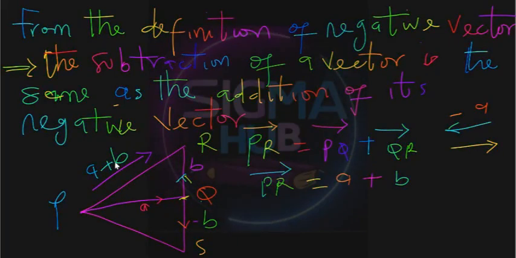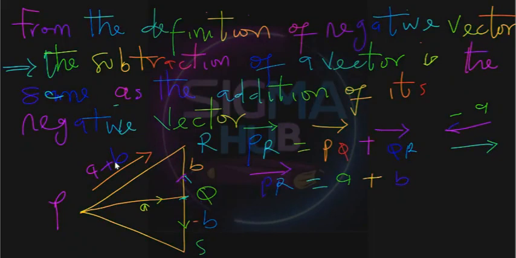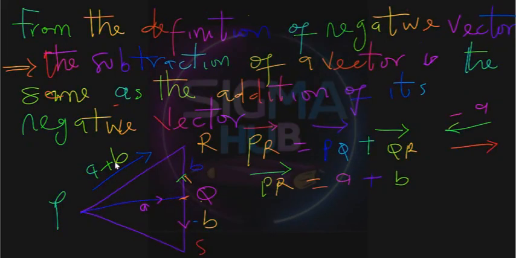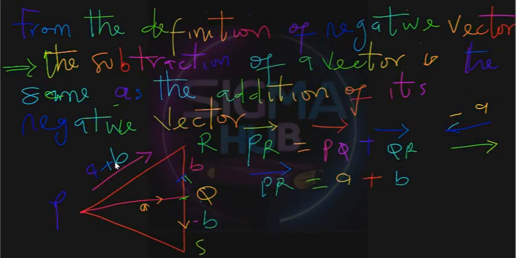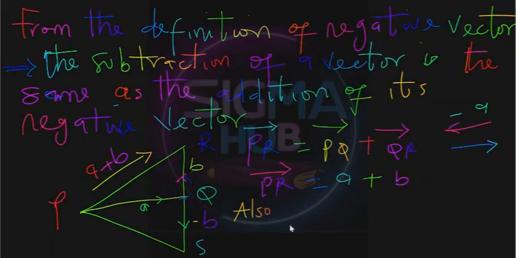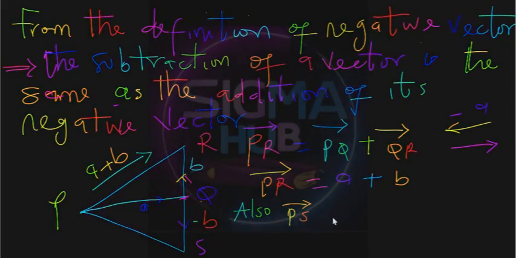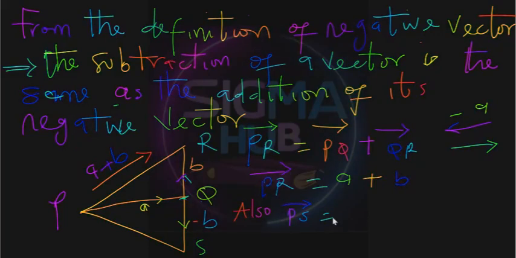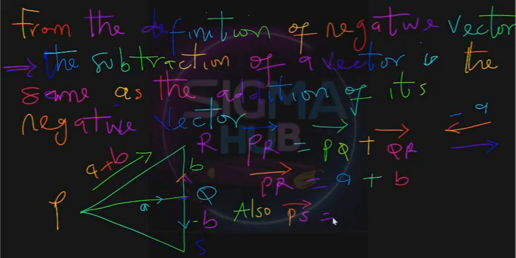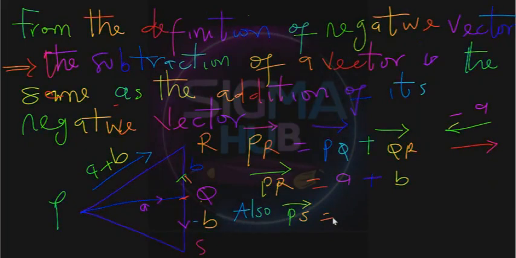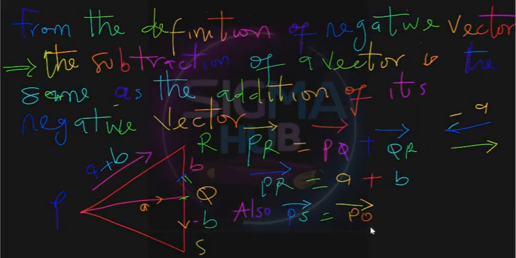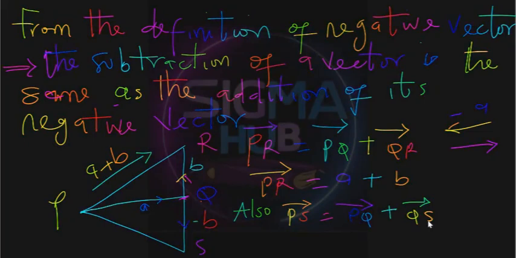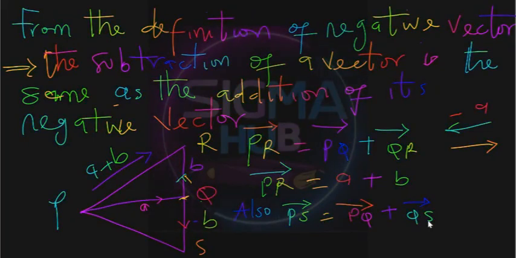Now I can do the same thing for the other triangle, that is triangle PQS. So if I want to move from P to S, using the triangular law of vector addition, it is the same thing as moving from P to Q first and from Q down to S. So it's going to be PQ then plus QS.